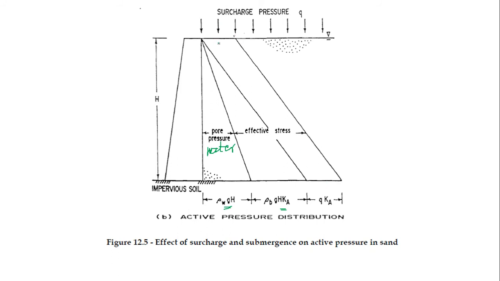So this is the distribution for the surcharge. You can see that the surcharge distribution is uniform. It is not uniformly varying. It is uniform because it is kept at the top, so from top to bottom it is distributed evenly. The magnitude of that surcharge pressure is Q, many times in kilonewton per meter square, and K is the coefficient of active earth pressure.